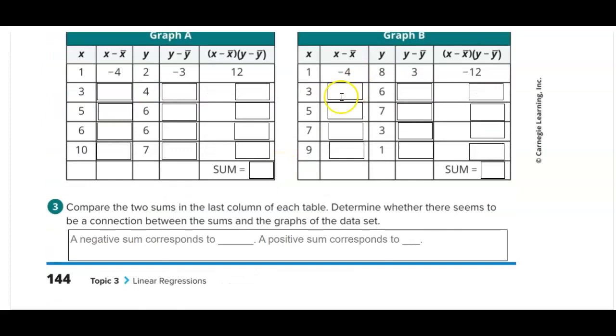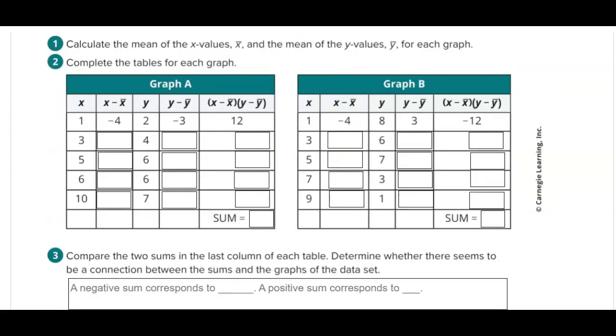We're going to come down here into the tables, and you're going to calculate the mean of this group of numbers and this group of numbers and this group of numbers and this group of numbers.